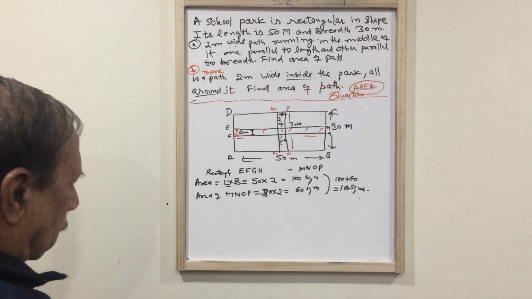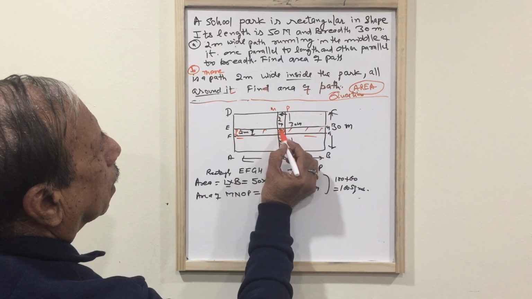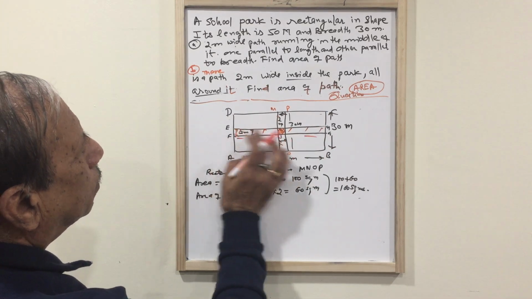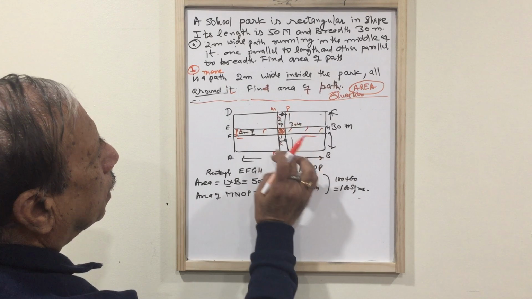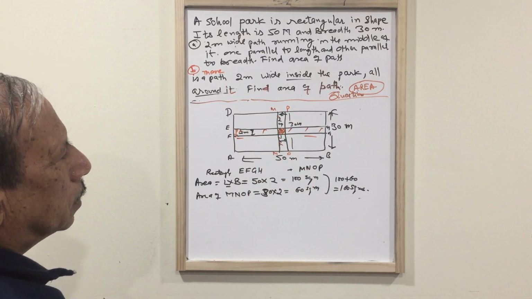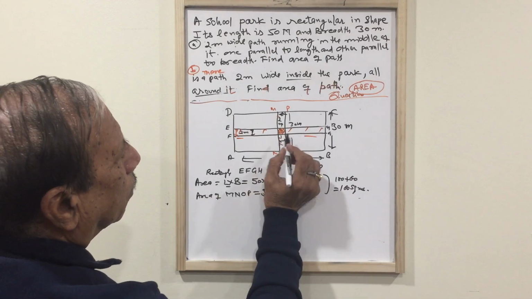But in this question, this portion comes twice. While calculating the area of this rectangle, this portion comes once, and while calculating this area, it comes again. So we have to subtract the area of this portion once.